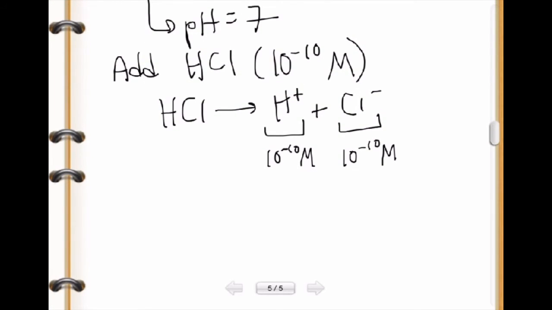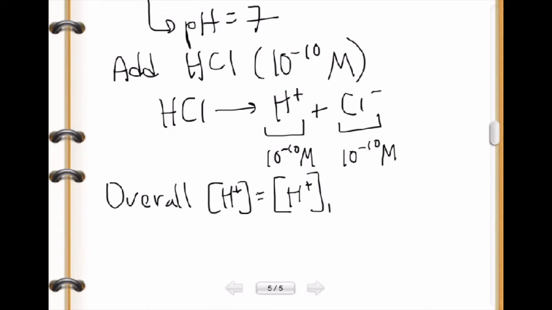That might be better. The overall H plus is equal to the H plus from water plus the H plus from HCl. And I'm not going to say exactly equal to because there's a little bit of funkiness that might happen, but I'm going to say about equal to, right?